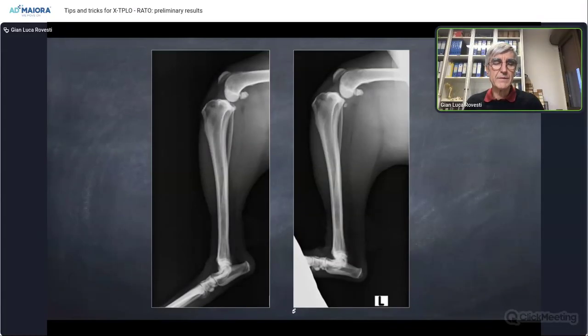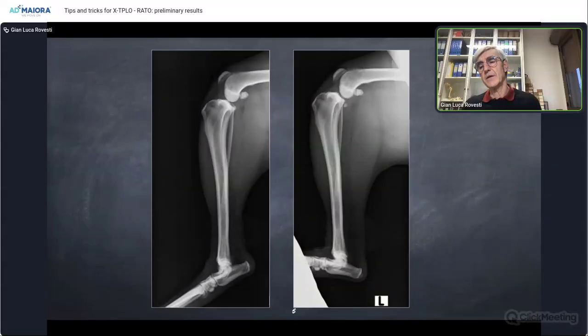They understand very easily what's going on with this kind of picture. And this picture also explains why we have this relationship between the rupture of the cranial cruciate and potential damage to the caudal horns of the menisci, specifically the medial meniscus.